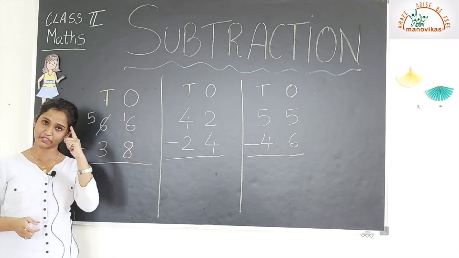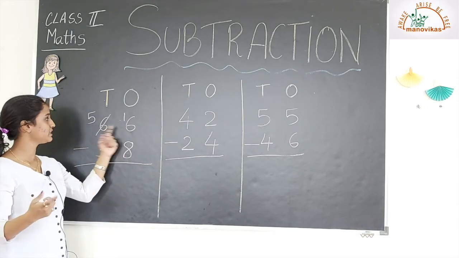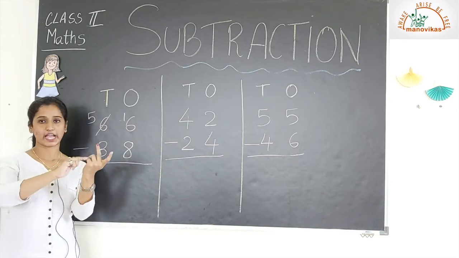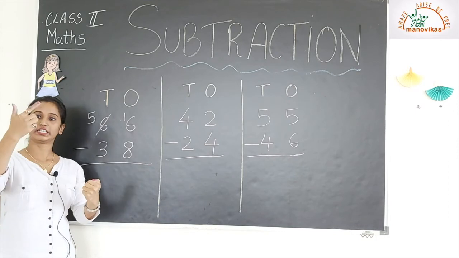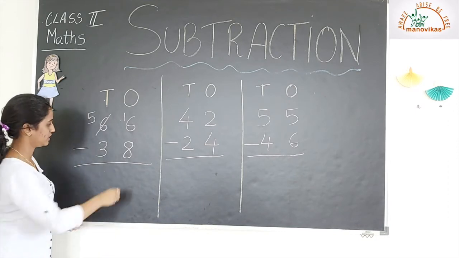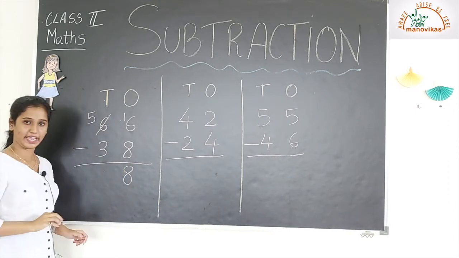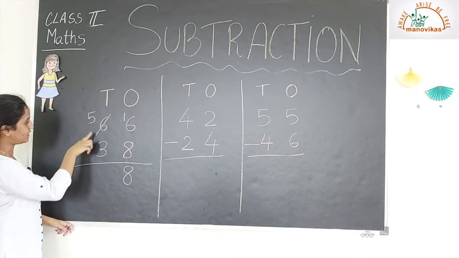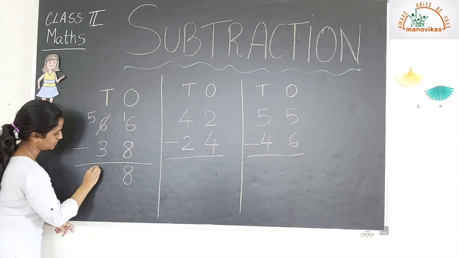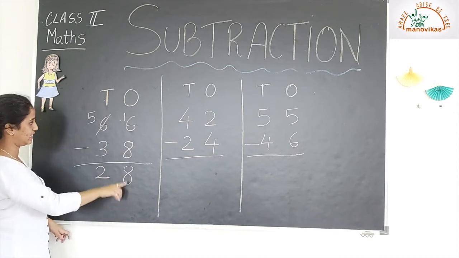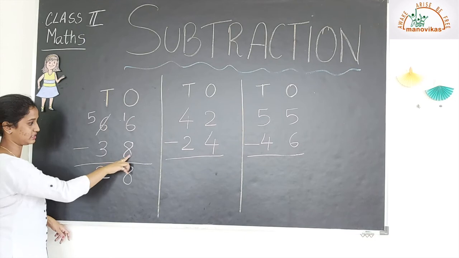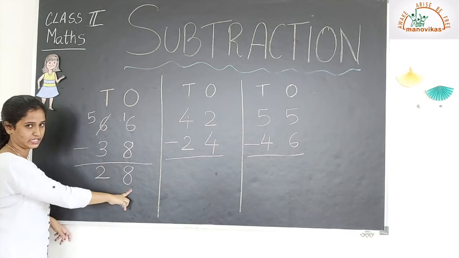So keep 8 in your mind and count forward till you get 16. So 8, 9, 10, 11, 12, 13, 14, 15, 16. So the answer we get is 8. Next, 5 minus 3 gives us 2. So the answer is 28. So 66 minus 38 gives us 28.